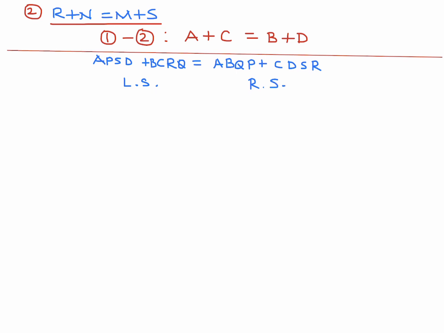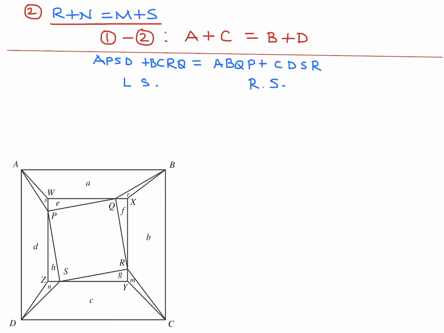Well, the left side, ABSD, if we were to bring back that diagram, APSD right here. That one, in terms of the letters in the diagram, is D plus H plus N. And then this one, BCRQ, B is here, C, RQ.